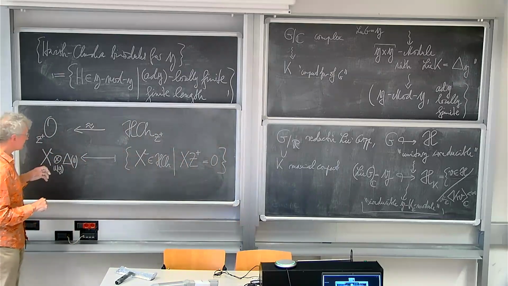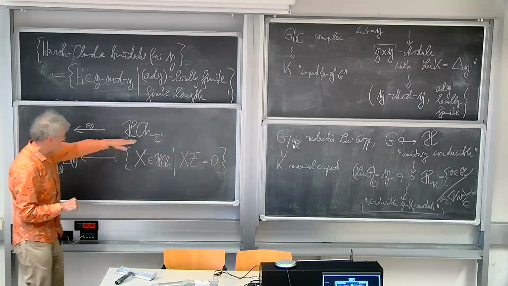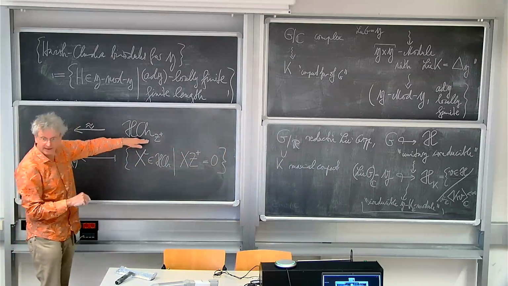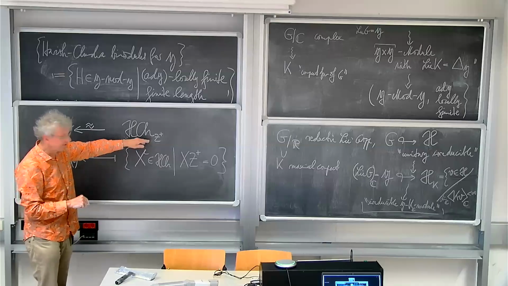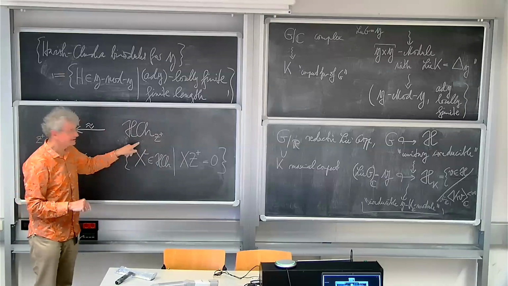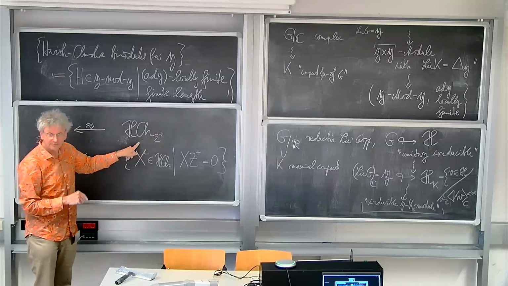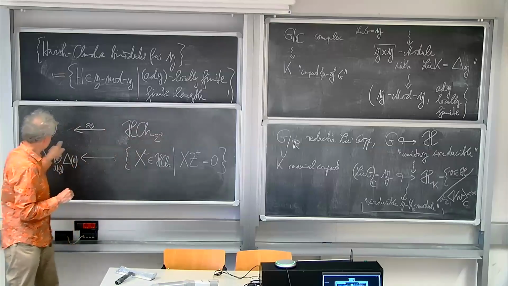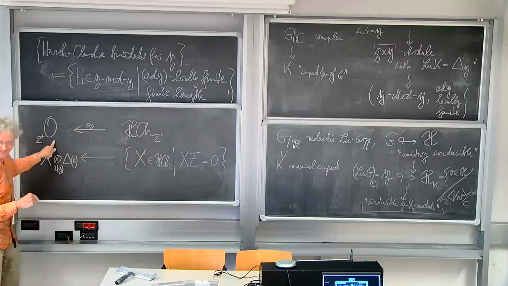So the upshot is that this category in principle is complicated. Even if you want to classify the simple objects in here, it's difficult. And here it's easy. But I did something wrong.